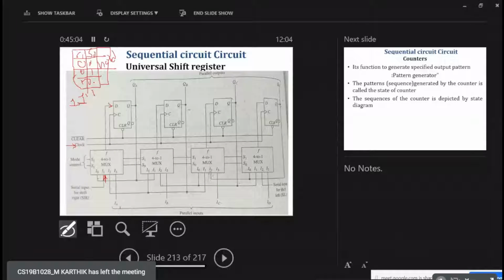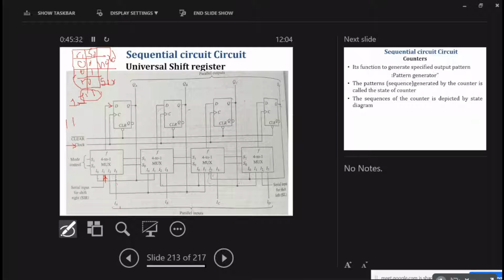Whenever 1 0 is selected, what will happen? Serial shifting in the left direction will happen. Whenever it is 1 1, we can provide the parallel input. Suppose S0 S1 are 1 1.